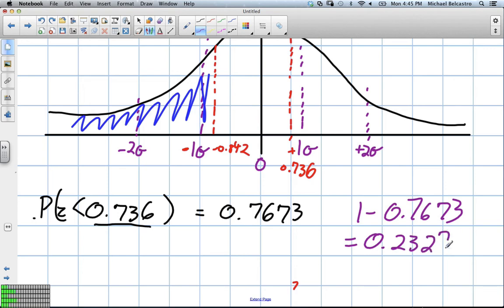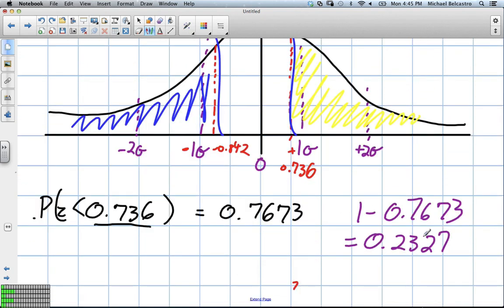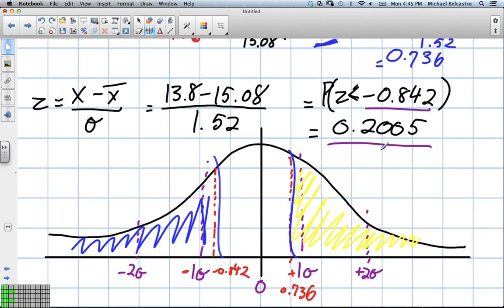Great. Okay, so in other words, that is the amount to the right of this. Great. So we have those two. That will now help us find what's our amount in between these two. We're going to take these amounts, this one, and the amount less than it, which was this one here, and we're going to subtract the two to find out what is our chance of getting between those two amounts.